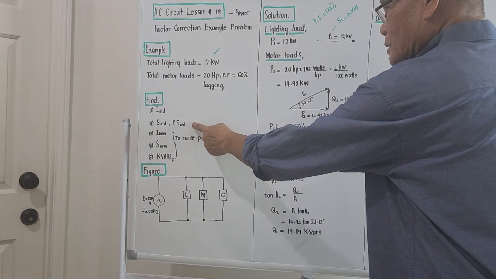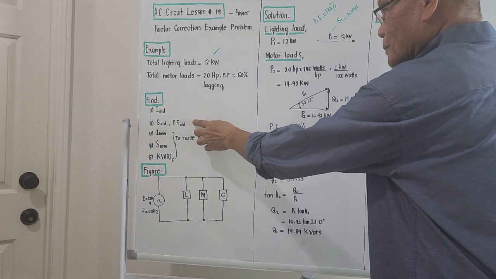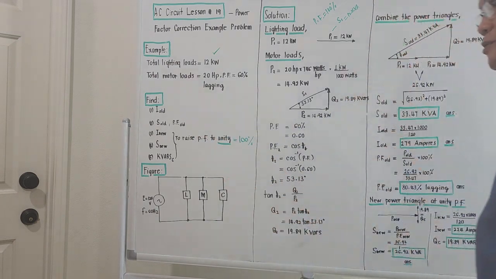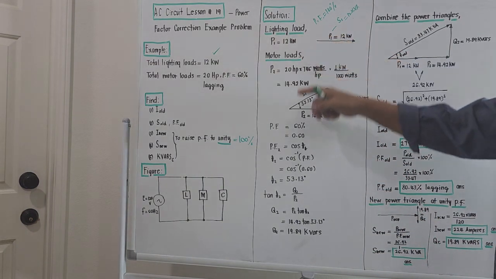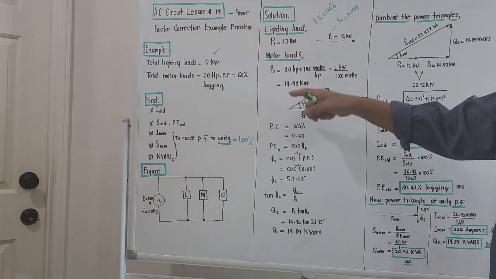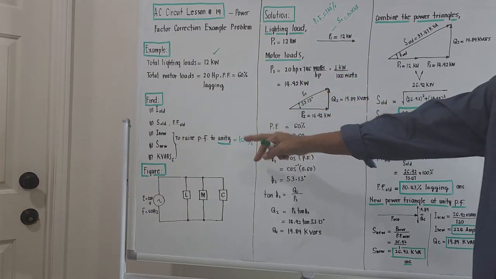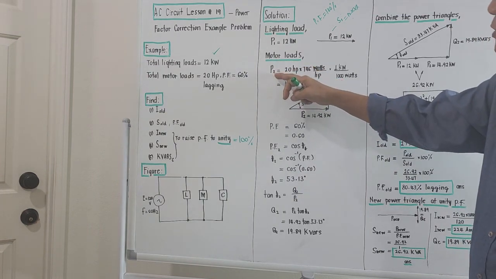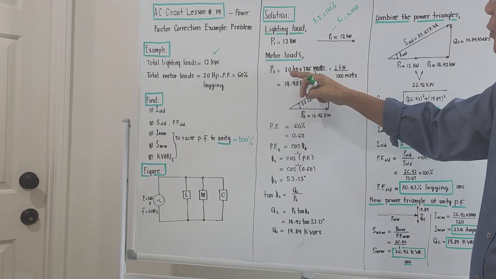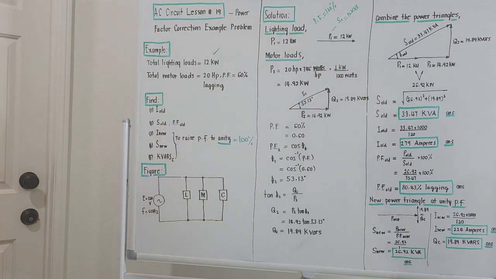Okay, because we need to know the old power factor for us to increase the power factor to unity if it's needed to be increased. For the motor loads, the true power consumption of the motor loads is actually 20 horsepower, right? So true power with the subscript 2, meaning for motor loads, it will be 20 horsepower.